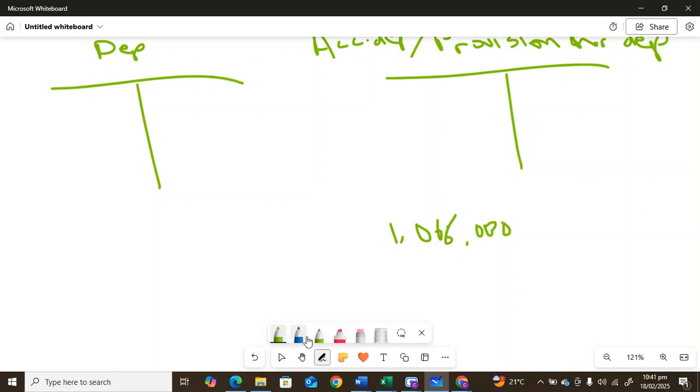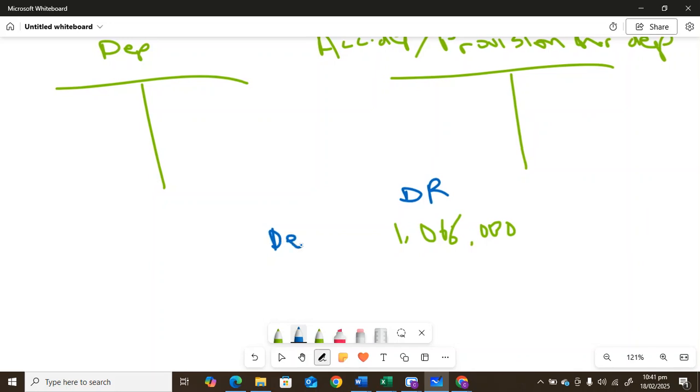So this is how depreciation works. That year, this is the general entry for depreciation. You are going to debit depreciation expense 166,000. On the depreciation expense account, you put here 166,000.